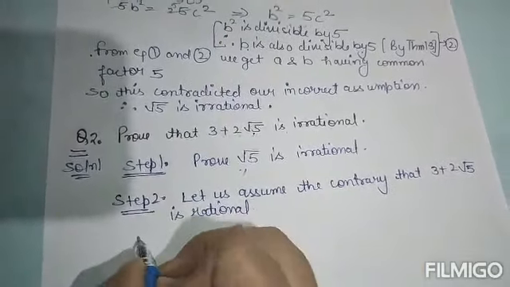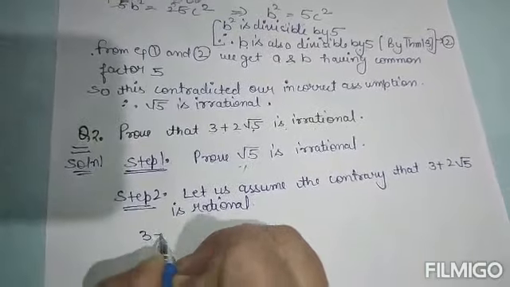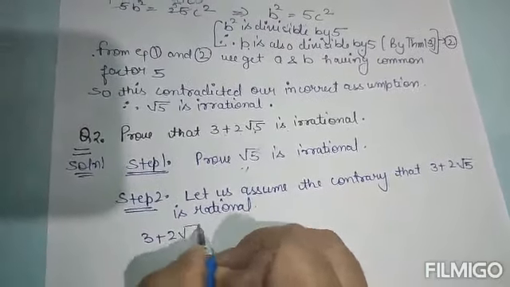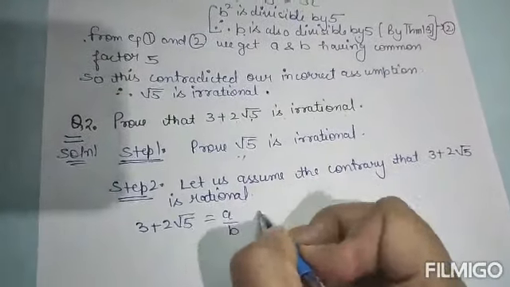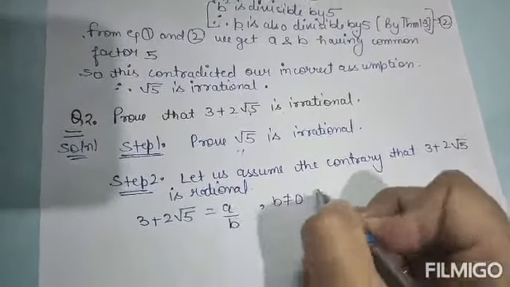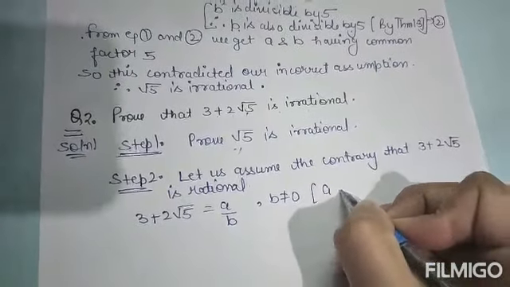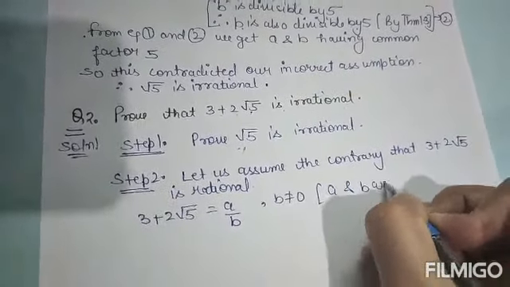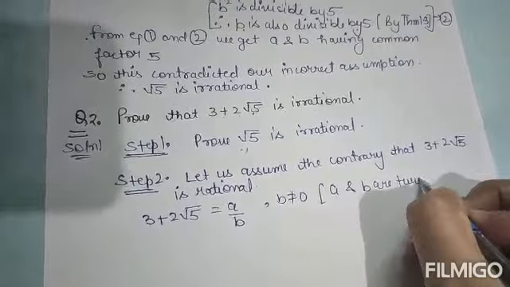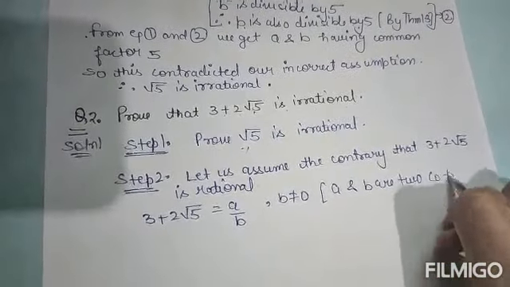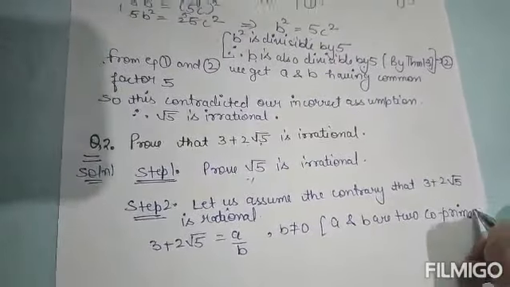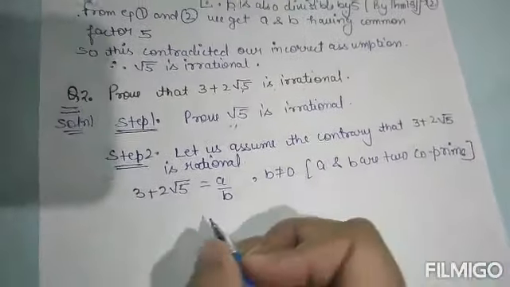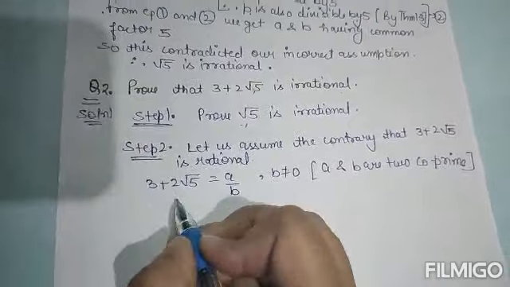That means 3 plus 2 root 5 will be written in the form of a by b, where b cannot be 0 and a and b are two co-prime numbers. That means now solve it.